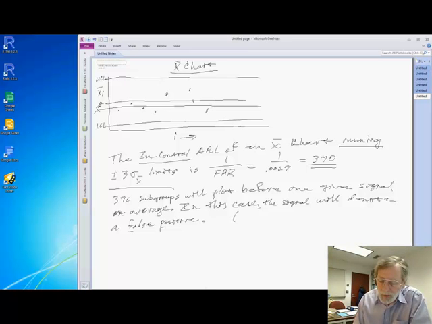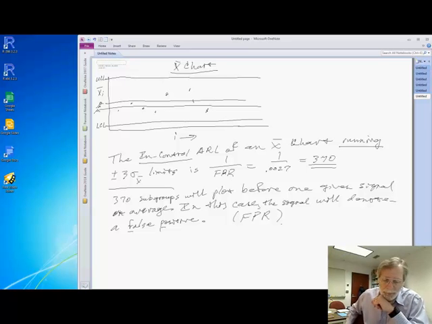False positive, what's the false positive rate? Well, it's the rate at which, or the probability that you get a false positive. So you can turn that around. I don't want to know the probability of getting a false positive on any one subgroup. I want to know how long this chart's going to run before it trips falsely.